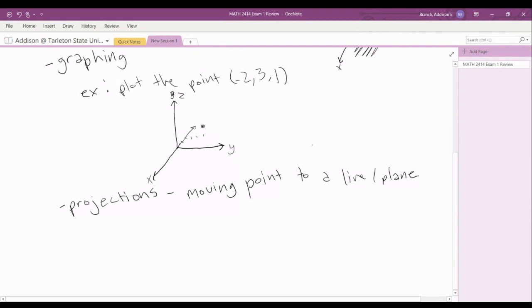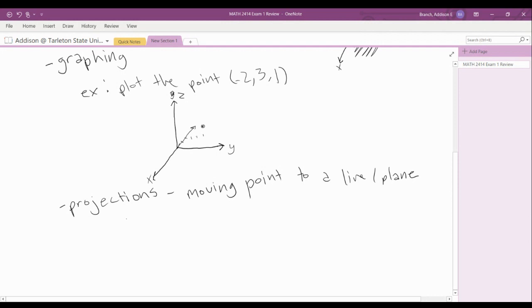If you want to think about it graphically, you can think about it as if your origin and your point are two opposite vertices on a cube. Then you can move that point along the edges of that cube to get where you need to be. But algebraically, it's actually a lot quicker. It's pretty quick once you understand the concept.